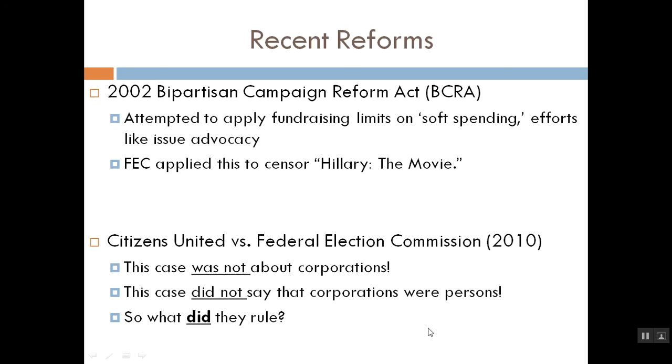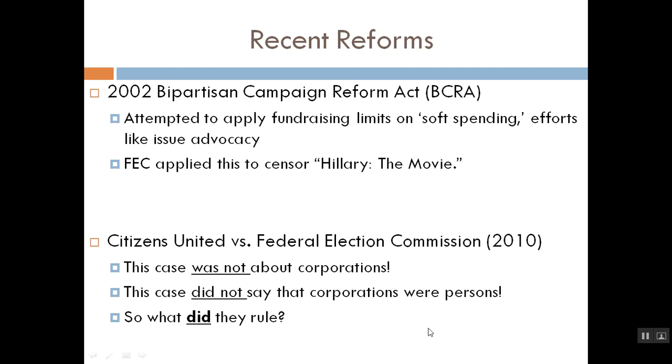They are not saying that they are persons, but they're saying that the identity of a speaker is not relevant. What's relevant is that the First Amendment protects free speech, period. Regardless of who is engaging in a form of expressive conduct, regardless of who is communicating or sharing information with the public, the government does not get to control that correspondence.